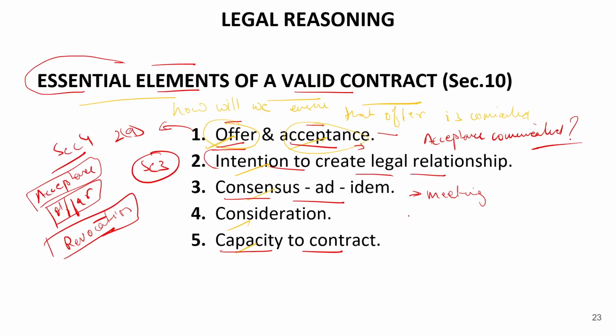I would like to tell you that in the Indian Contract Act, a contract can be both verbal as well as written. There is no essentiality. There are certain documents and agreements which need to be registered, as approved by the government. For example, rent agreements need to be registered.